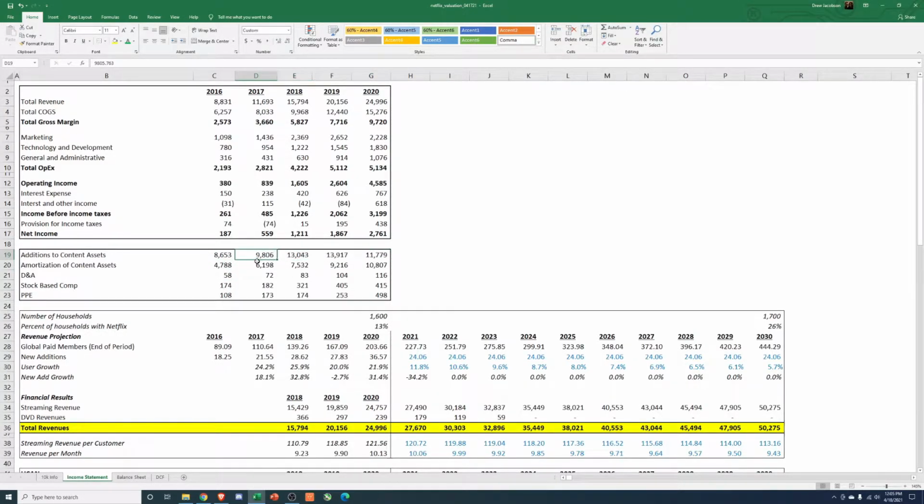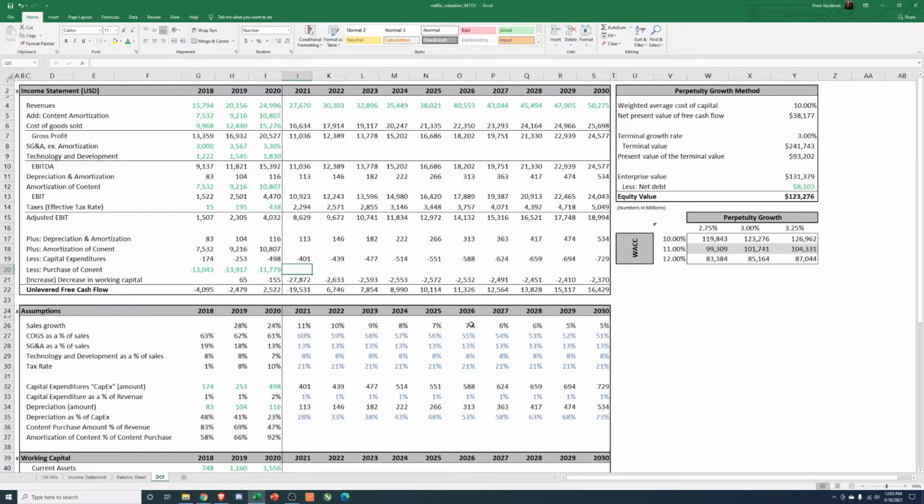They're probably going to have to continue purchasing something similar to keep the growth, to keep new customers interested. So my thought is, in this first one, I'm just going to set this to like 12 billion and then have that grow slightly with revenue. Maybe I'll have it grow at half the rate that revenue grows.